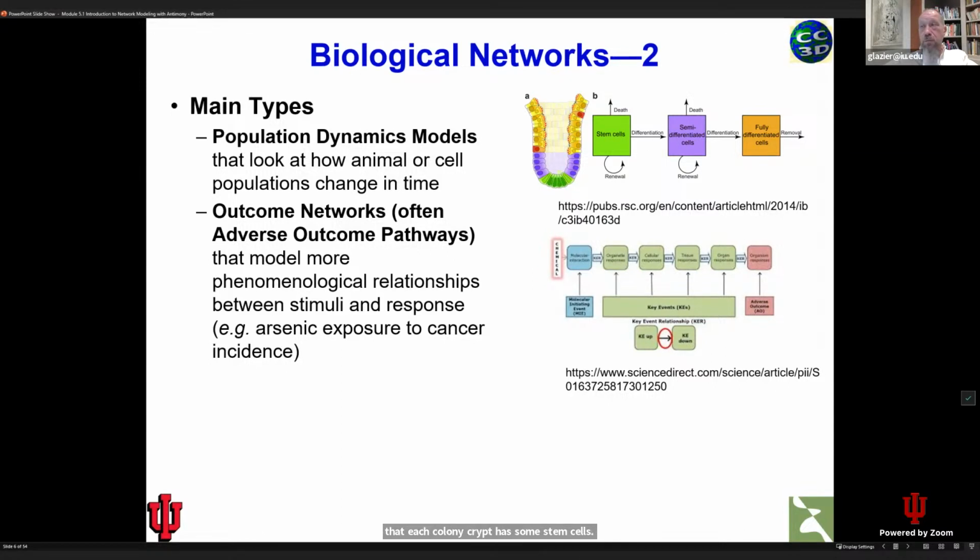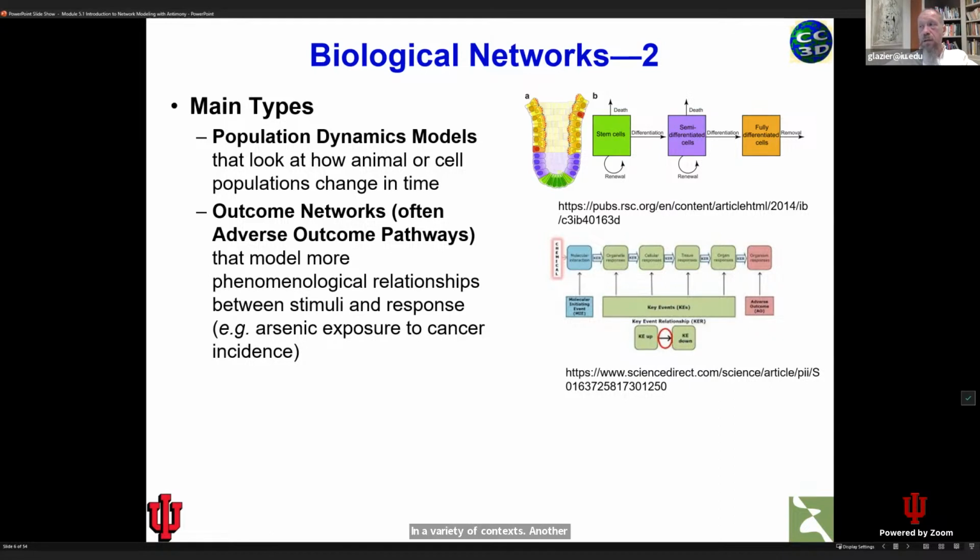Those stem cells become differentiated, partially differentiated cells, which also replicate. Those partially differentiated cells differentiate and eventually die. And so those kinds of models are very common. They're much simpler than the models we build in this course. They run a lot faster, and therefore they can be quite useful in a variety of contexts.